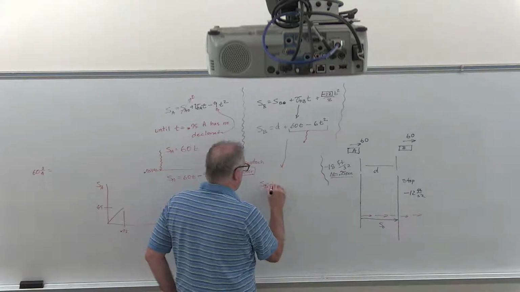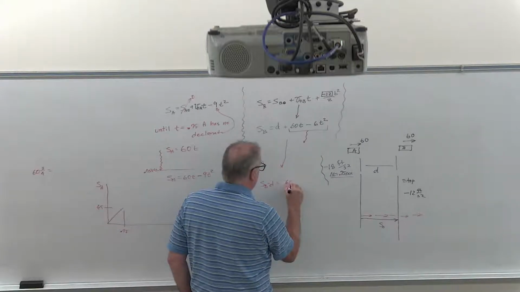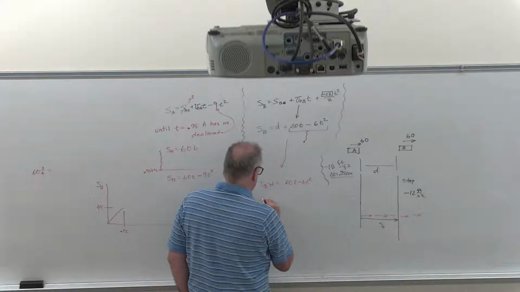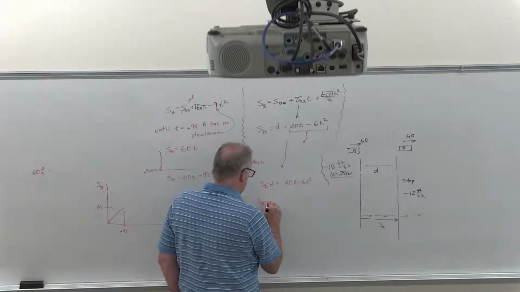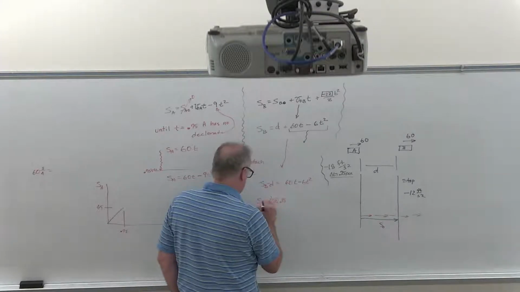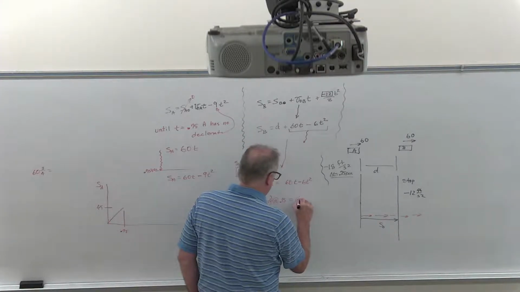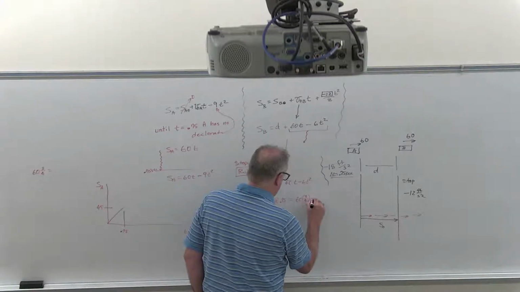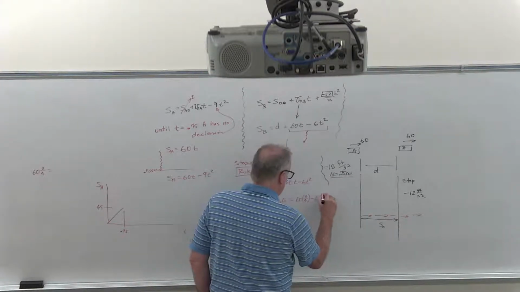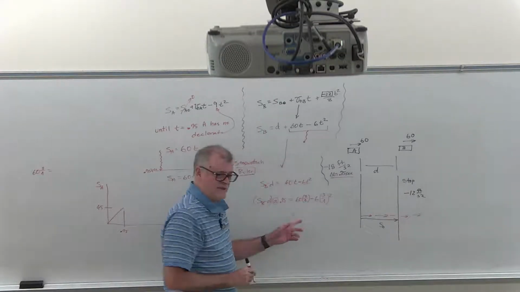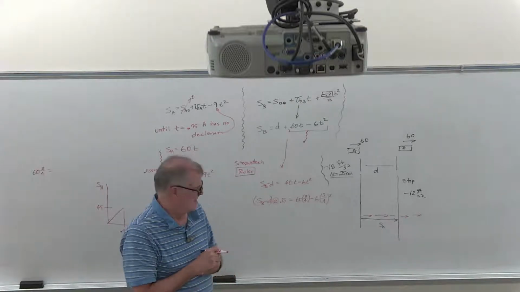SB minus D is equal to 60T minus 6T squared. SB minus D at 0.75. I'm just trying to get some information for myself. 60 times 3/4 minus 6 times 3/4 squared. What's that equal to? Anybody know what that's equal to?